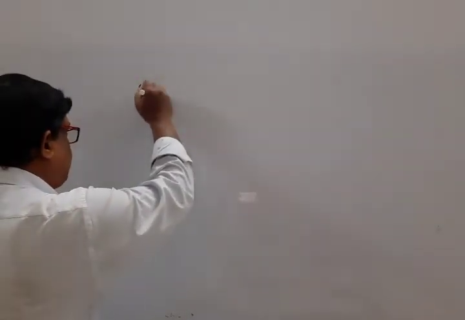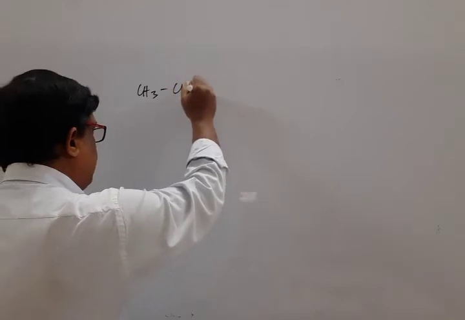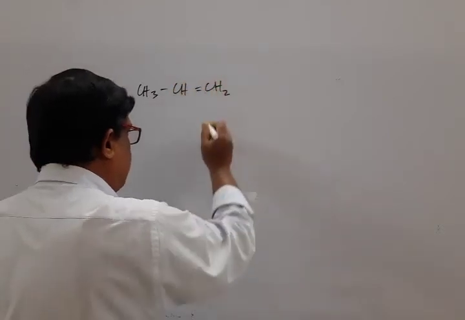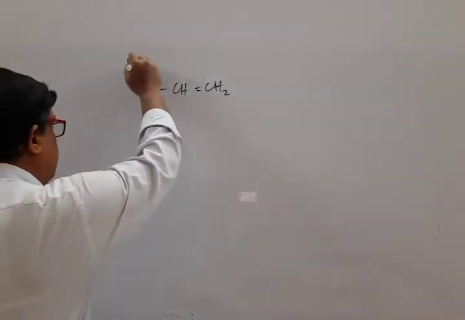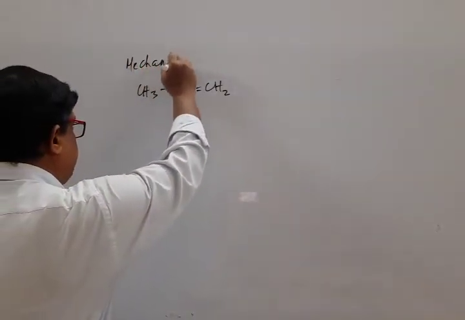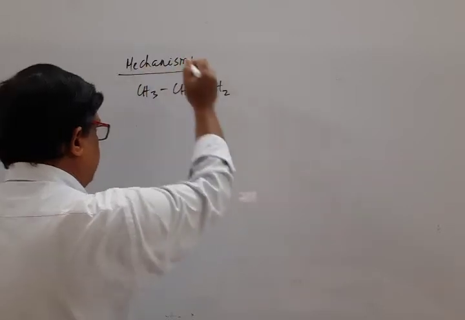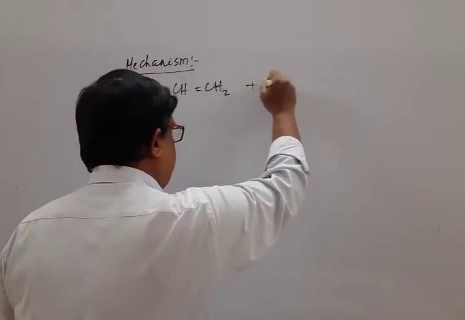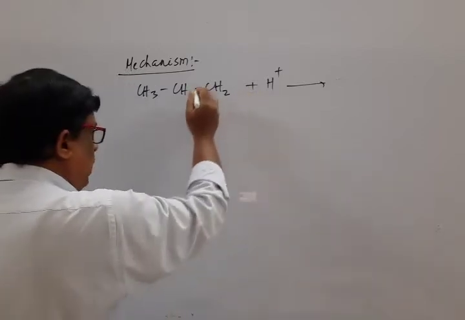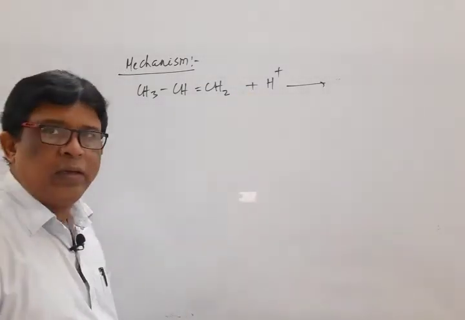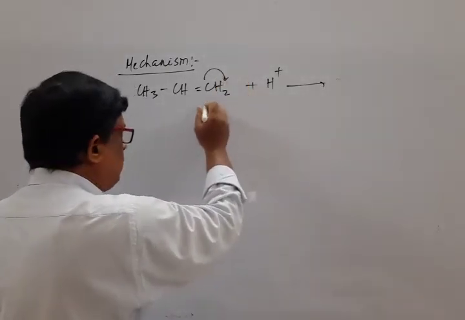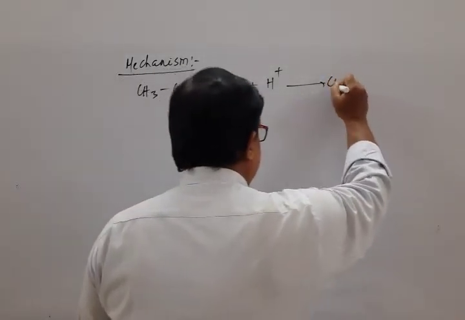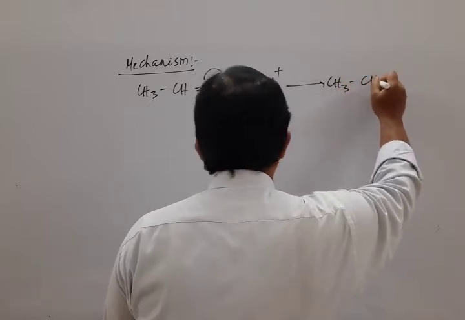For example, mark the mechanism, that is CH3CH=CH2. I write the mechanism of addition of water. Note down, that is the mechanism of addition of water in acidic medium. Then what happens? When propene combines with the proton, it forms a 2-degree carbocation.